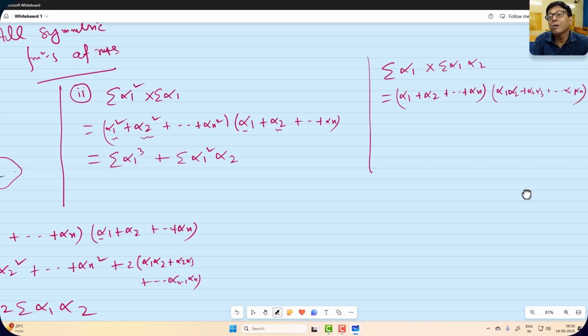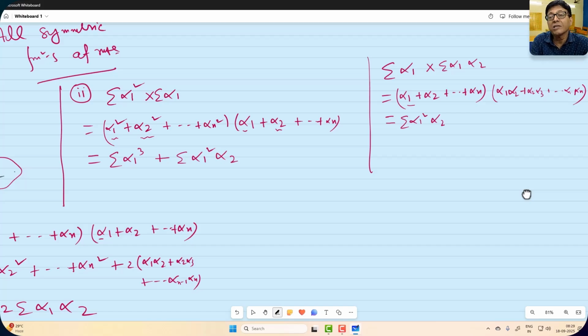If you multiply all the terms, then you see it is coming to be alpha 1 with alpha 1 alpha 2. It will definitely give us the sigma alpha 1 square alpha 2 form.